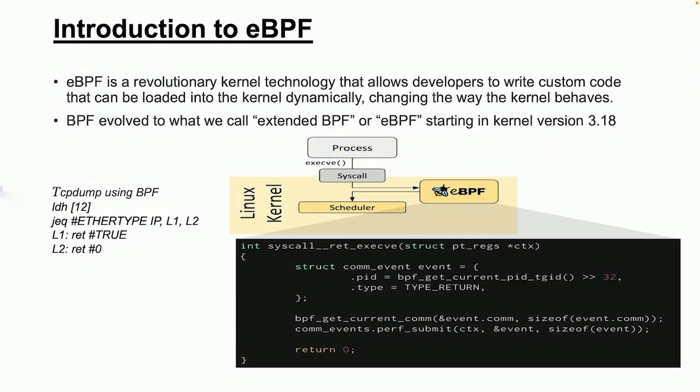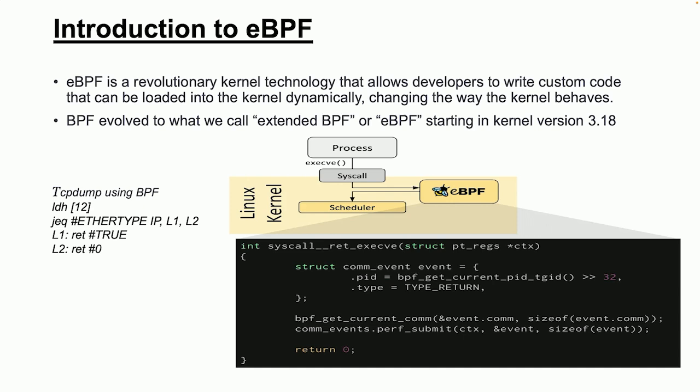So what is eBPF? eBPF is a revolutionary kernel technology. Typically, we can put custom code in the kernel, and that can be loaded dynamically. The good thing about eBPF is that since we are putting code in the kernel, we have to verify that the code doesn't cause any negative impact, like kernel crashes.